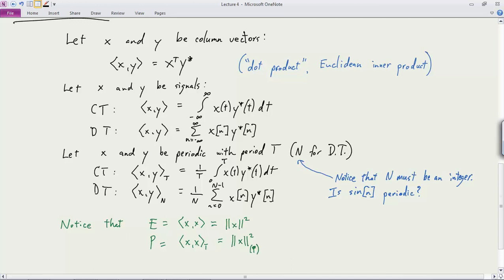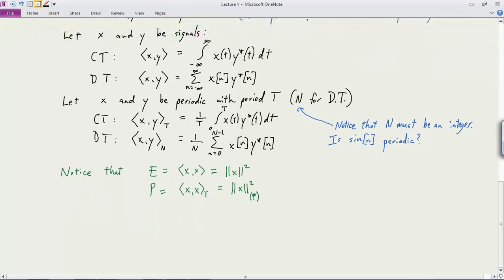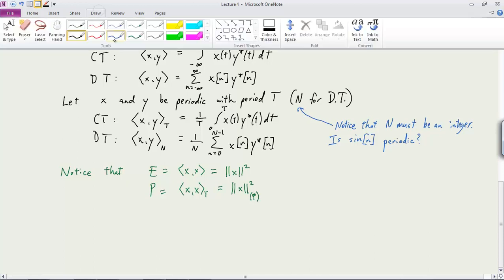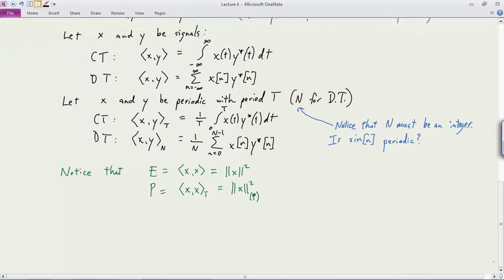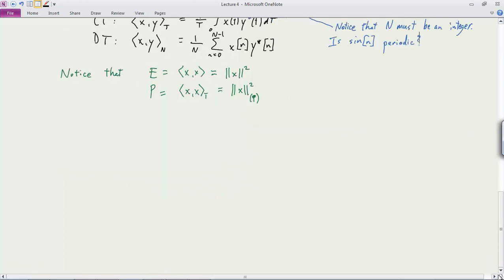All right. So we have this notion of a set of signals being orthogonal.